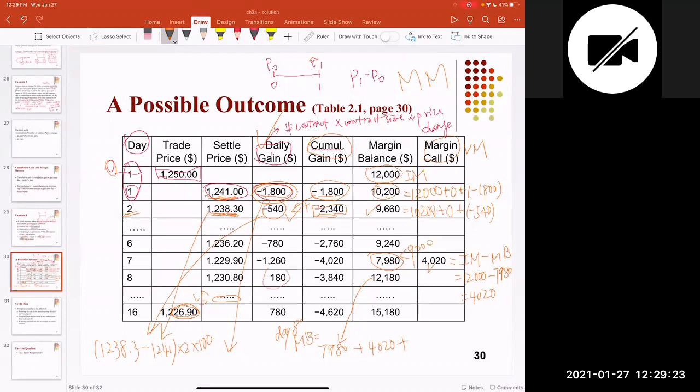Day 8, you have a daily gain of 180. Don't forget the variation margin, because on the previous day you received the margin call. So the margin balance and the variation margin together are the initial margin, 12,000. 12,000 plus 180 is 12,180. This is the margin balance for the day after you receive a margin call. This is very important.